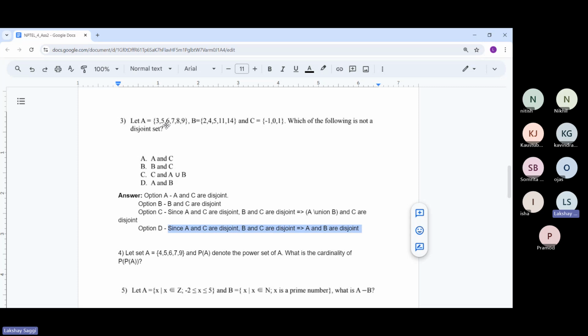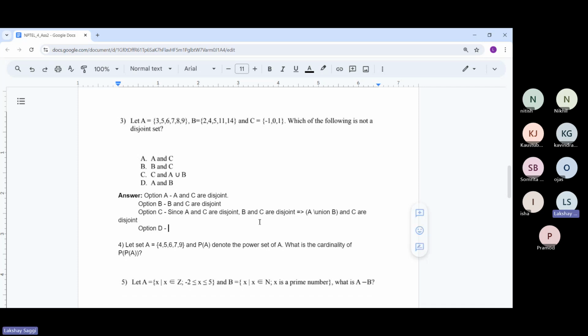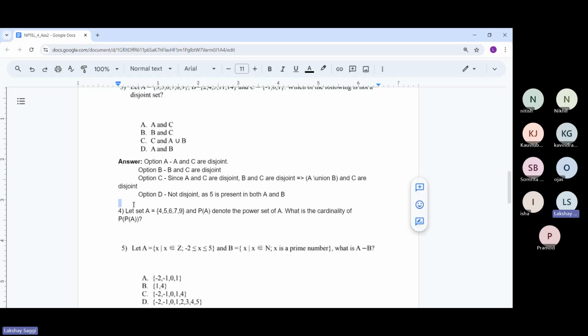The element 5 is common to both of them. So this reasoning is actually incorrect. They are not disjoint, as 5 is present in both A and B. Okay, I hope this makes sense. With this, we can move on to the next question.